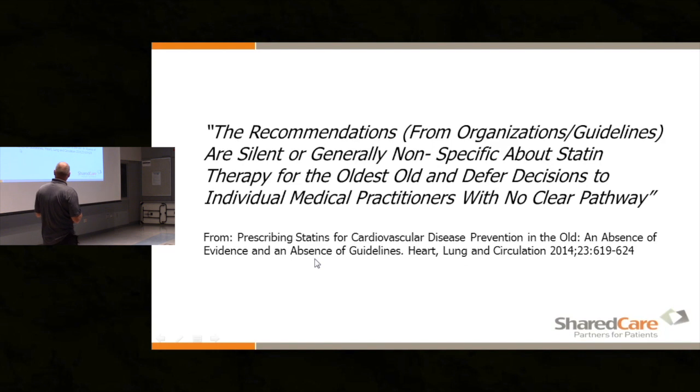But this one is from, and I put references, in the absence of evidence and absence of guidelines, how do you give recommendations? And recommendations are actually silent in relation to our population by and large, and defer the decisions to us as either individual medical practitioners or people working in care homes.